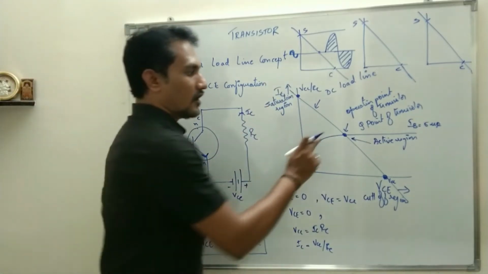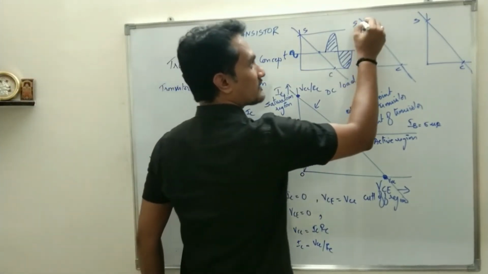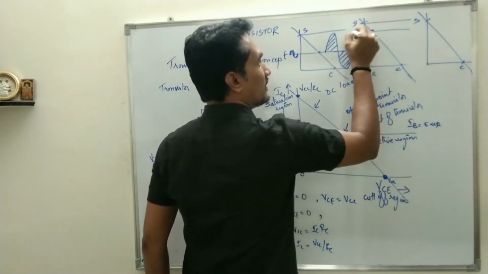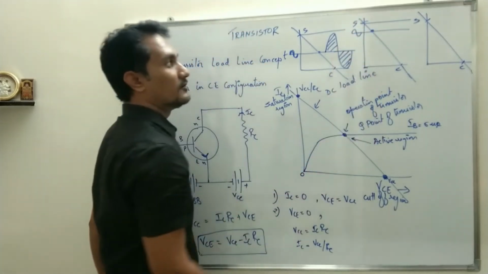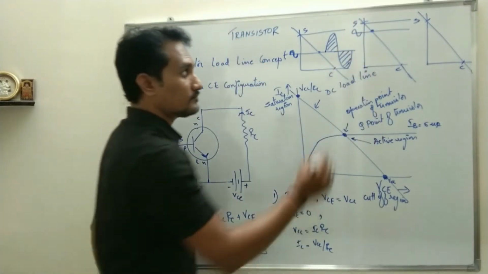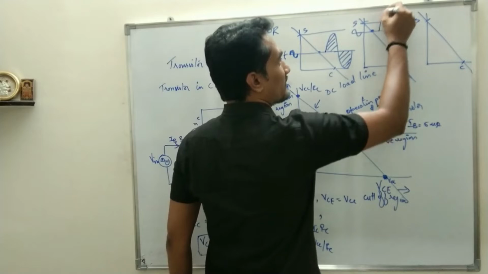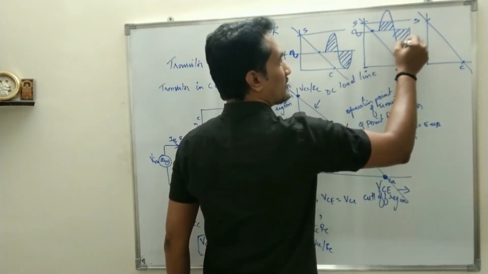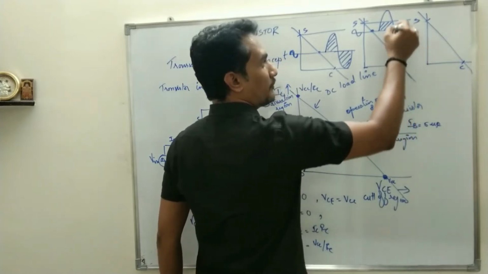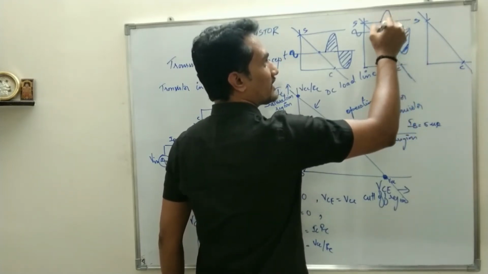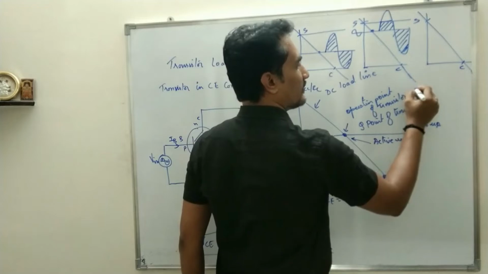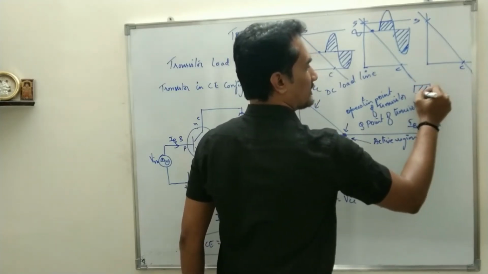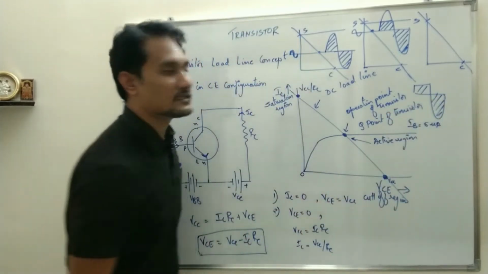Suppose the operating point shifts towards saturation. Of course, the input signal will be applied to the operating point, and the amplified signal will be like this. The negative half cycle is completely amplified, but the positive half cycle will be like this. The signal will look like this. Is that a proper amplification?